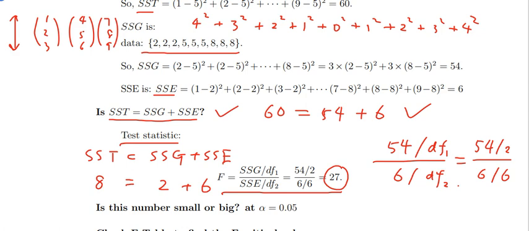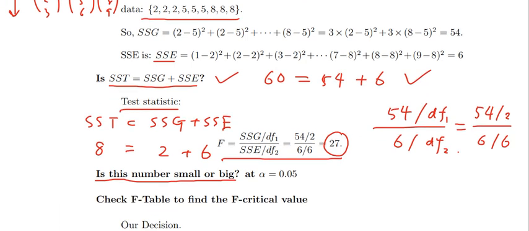Then we need to check: is this number big or small? To determine that, we need to check an F table, to find the F critical value. So here is the F table.